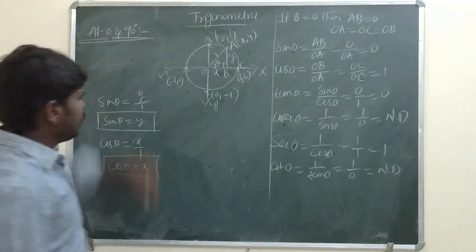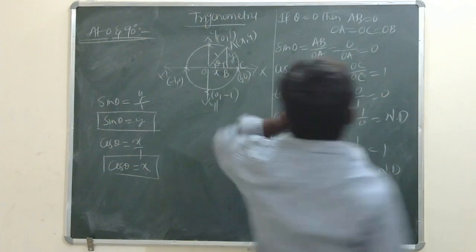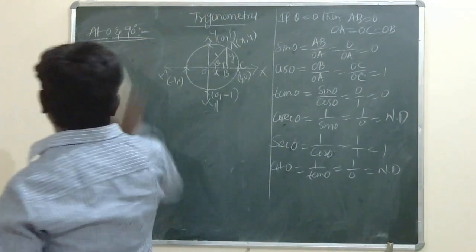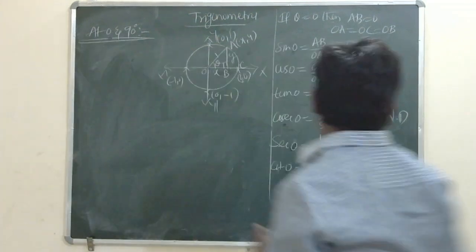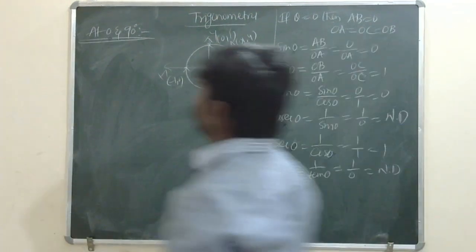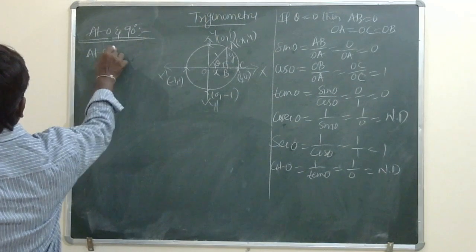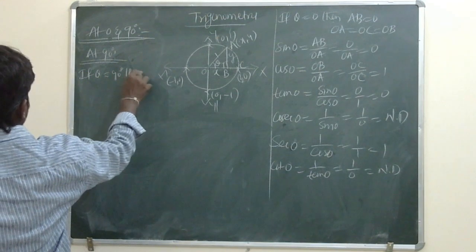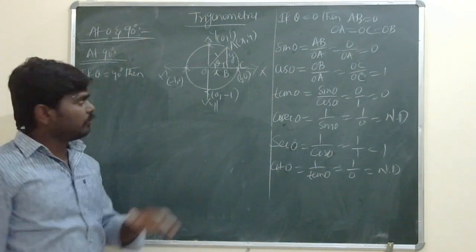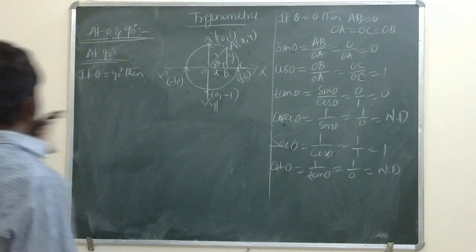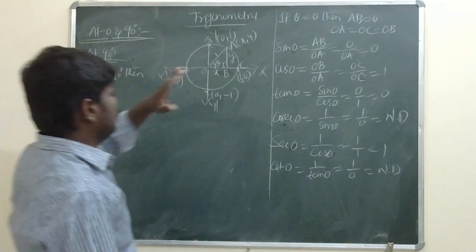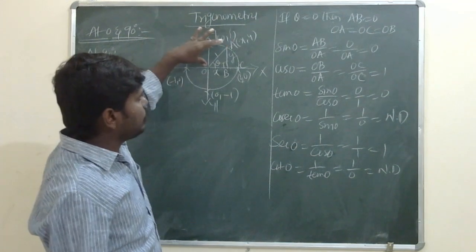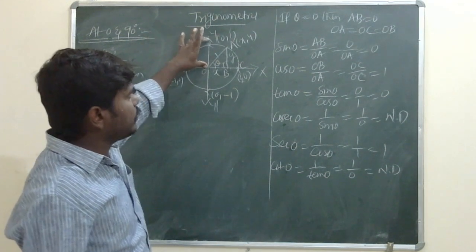Now we will see at 90 degrees. So when theta is equals to 90 means here we have to rotate this OA towards the y-axis.